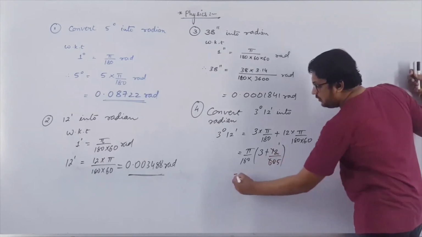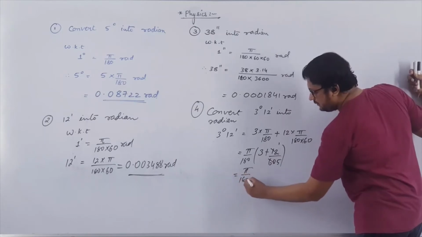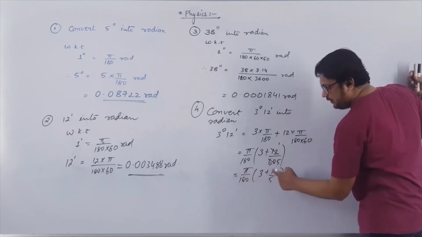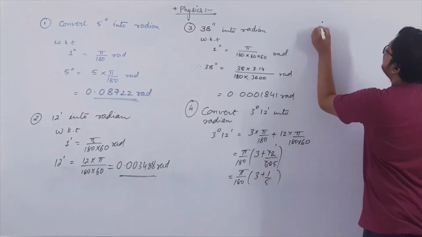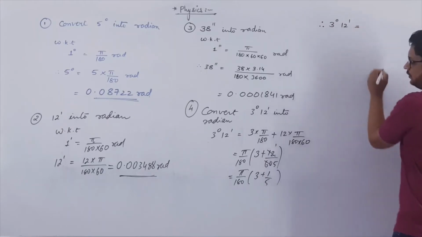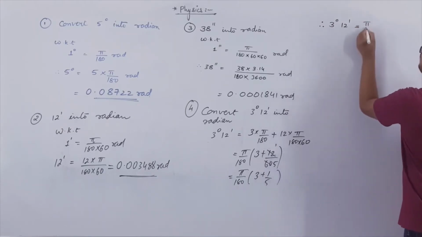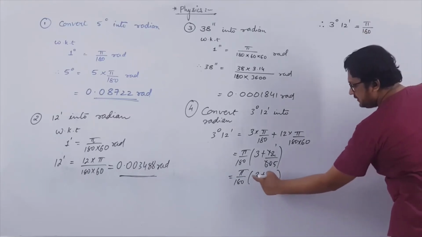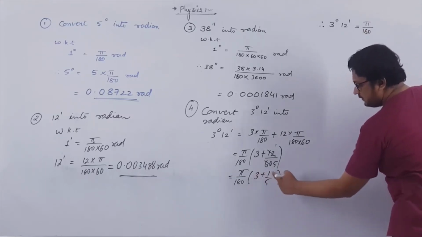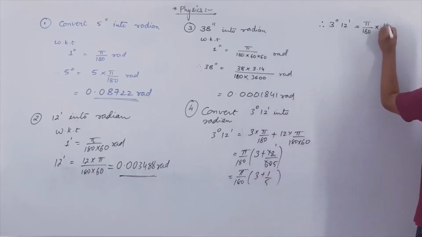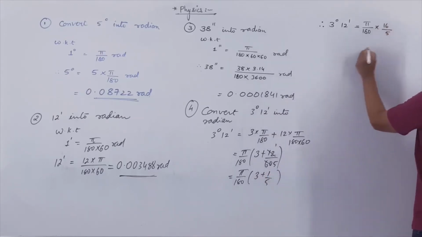So this will be equal to pi by 180 into 3 plus 1 by 5. 3 fives are 15 plus 1, 16 by 5. Therefore 3 degree 12 minute will be equal to pi by 180 into 16 over 5.